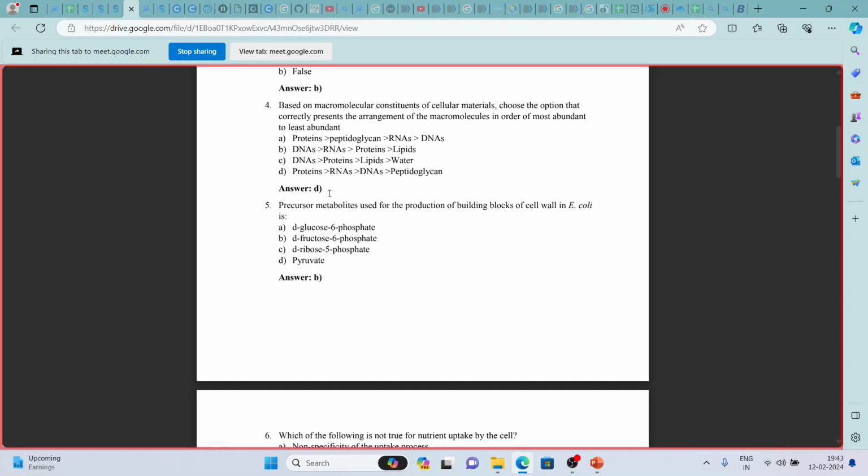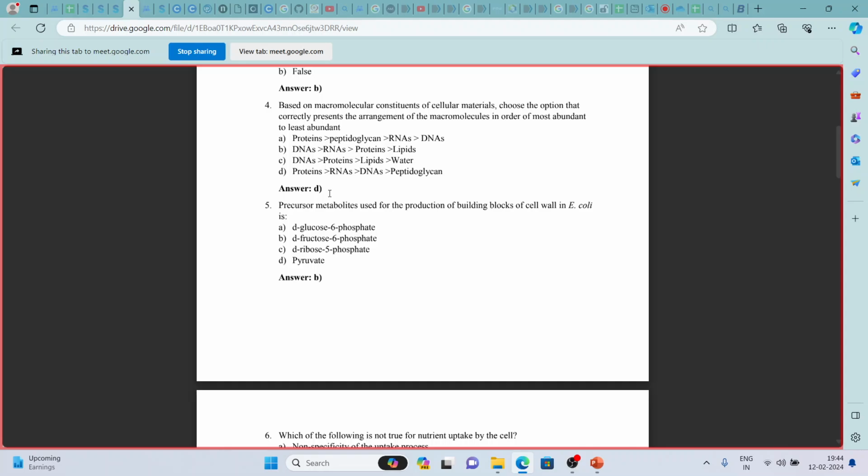For this, if we look at one of the lectures, the professor had given a distribution of how much of proteins is present in the cell, how much of RNA, DNA, and peptidoglycan is present in the cell. So in general, within a cell, the functions are majorly carried out by proteins.